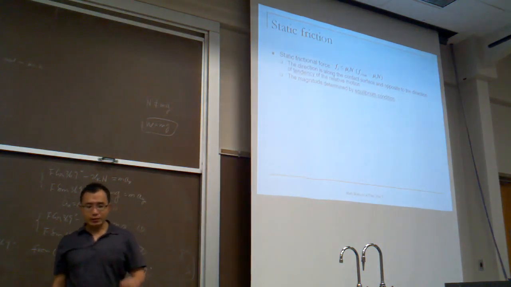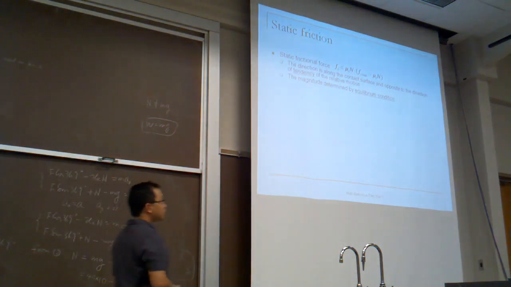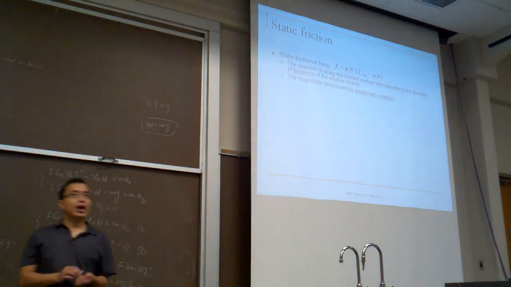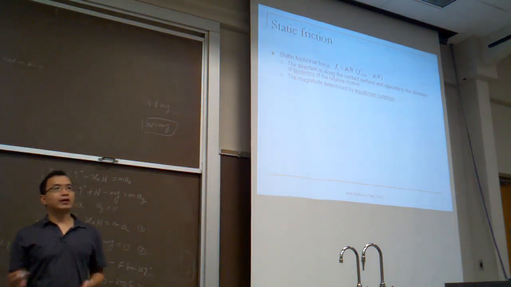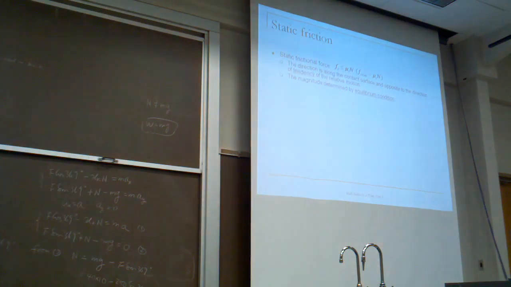But for this one, usually it's not that difficult, because by definition, static friction happens whenever you cannot move the object. So the object is definitely in equilibrium. It's not moving at all, right? In equilibrium, Newton's second law is quite easy. The net force equals ma, so net force equals 0.